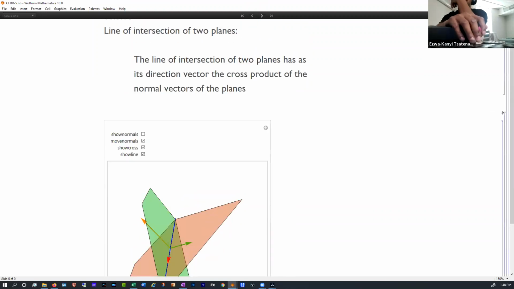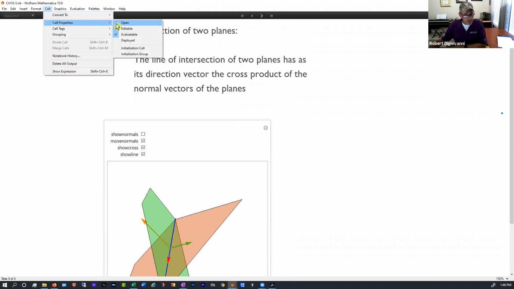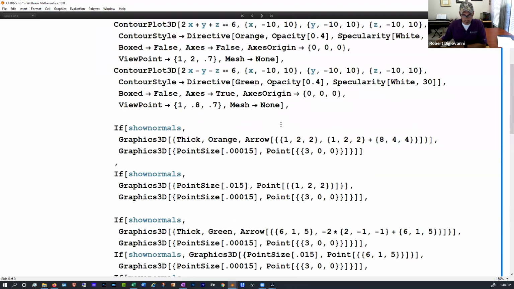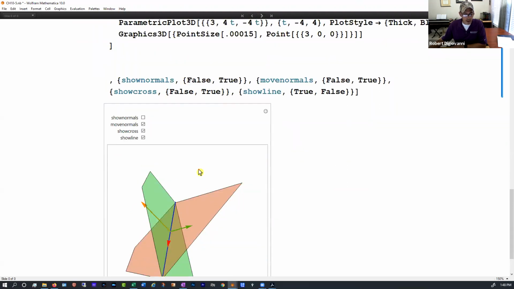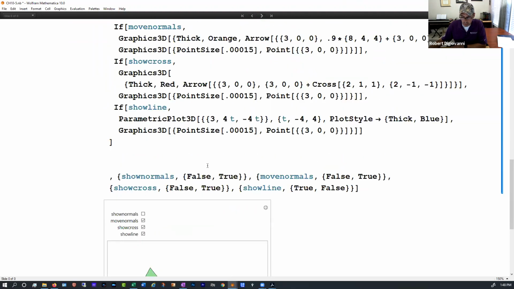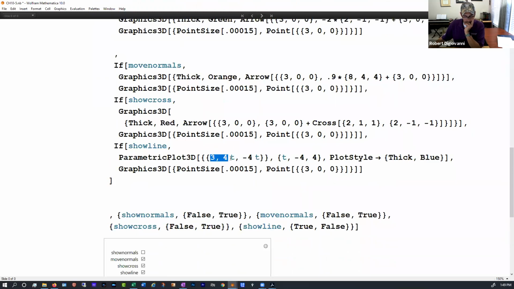Okay, so I want to just show you that when I wrote this, I had to draw that line, right? I had to draw this blue line. And if I show you the blue line right here, is this it? Hold on. Yeah, this is it right here.